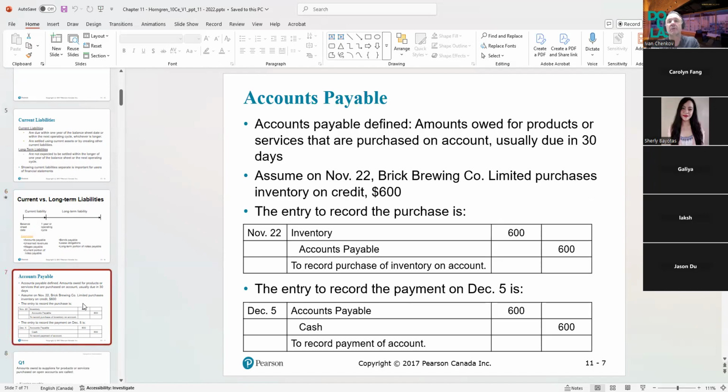How are we going to record the liability? Every time when we purchase assets, let's say in this case we purchase inventory on account, means we're going to pay in the future. We're not settling the obligation at the time of the purchase.